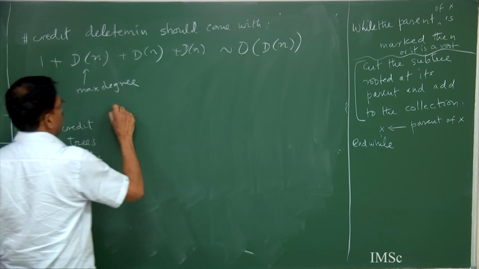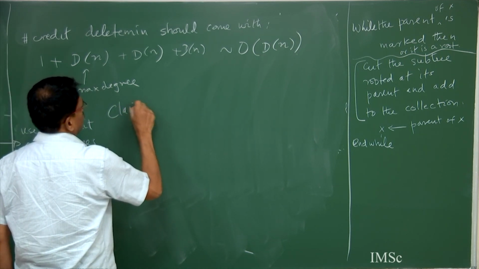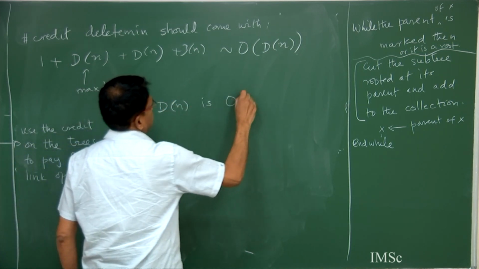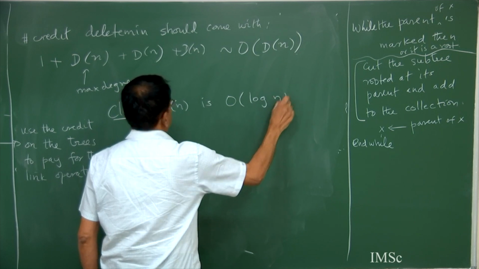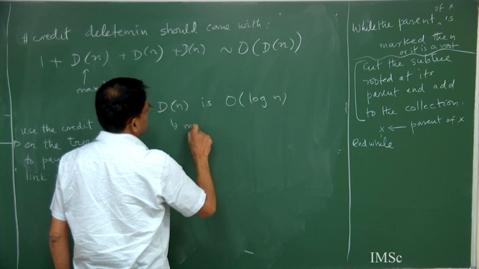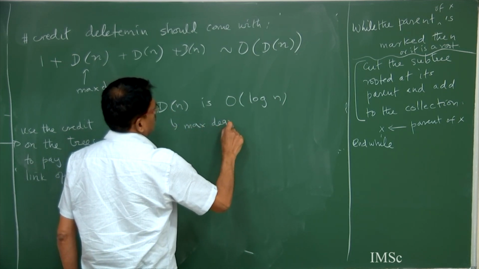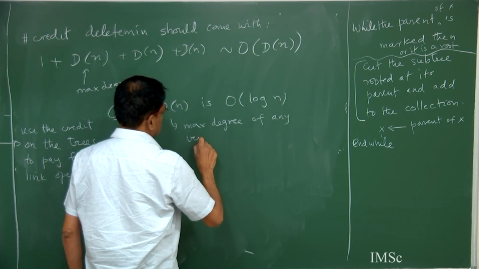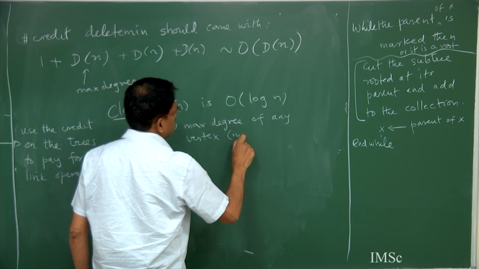So the claim: what is dn? Max degree of any vertex. In fact, not necessarily even root.